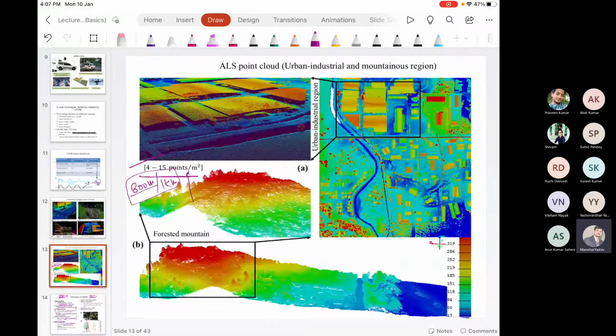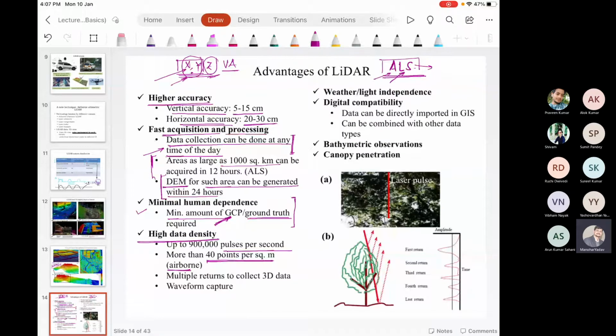Though in this case, I have mentioned very few points, that is 4 to 15. But this area density can even go higher, till 40 points per meter square, by implementing some modification in the instrument or this LiDAR system. If you increase the pulse firing rate, then 40 points per meter square can be obtained.